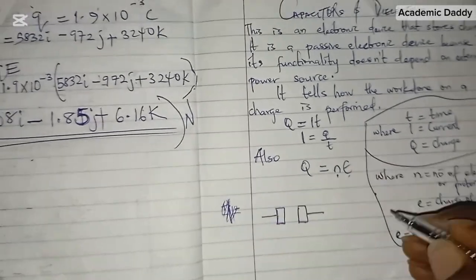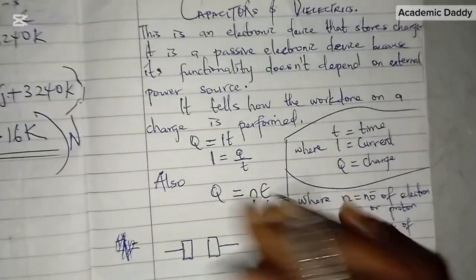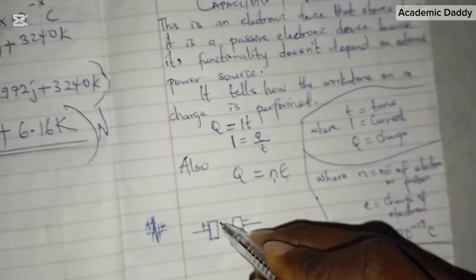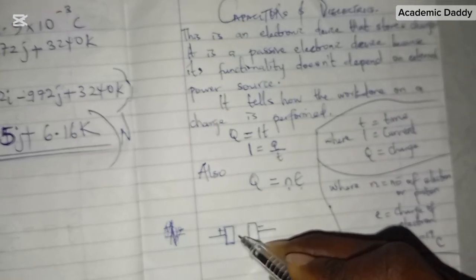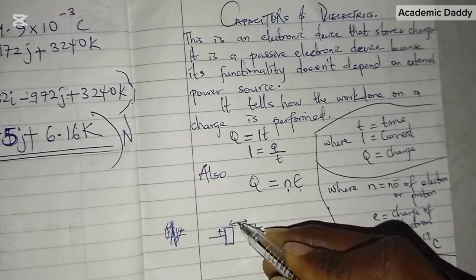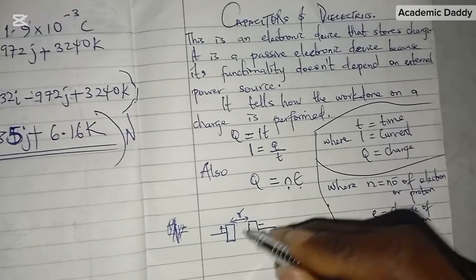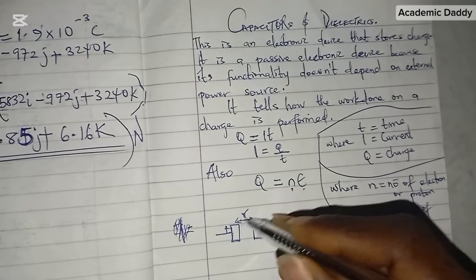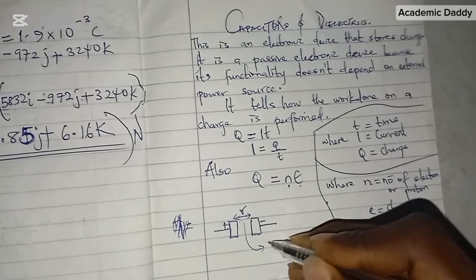So battery is simply, and capacitor is not battery. So if I know this is going to be, let's say this is the positive terminal, this is the negative terminal. This space in here can be air. The spacing, that is the distance, I'll use R, you can use D, but I want to use R. The separation can be air, it can be anything, but it is always an insulator.